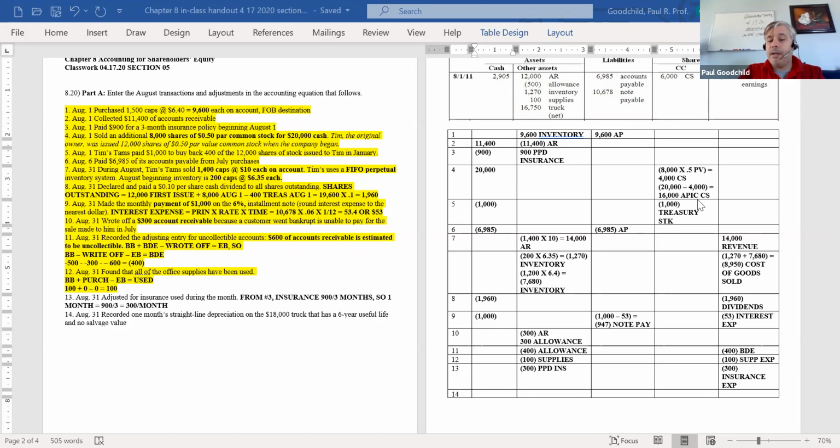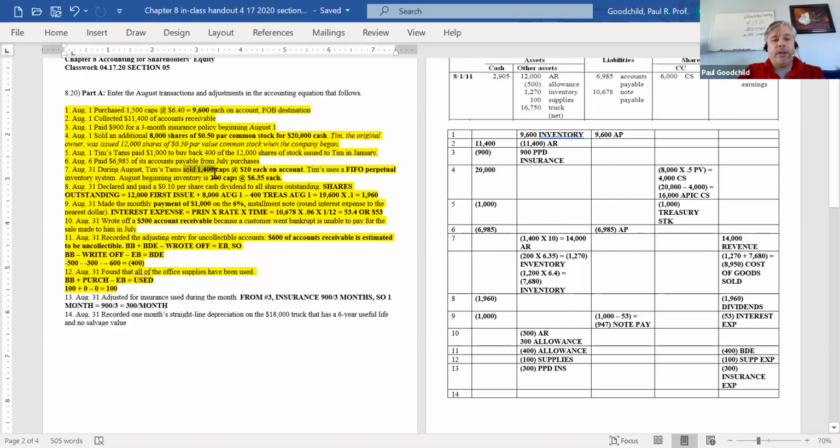All right, so just had a question. Before I finish wrapping that one up, someone asked about number 7 and where I got the 1,200 from. Sure, so if we go back, it says that we sold 1,400 caps, and they had 200 in beginning inventory.